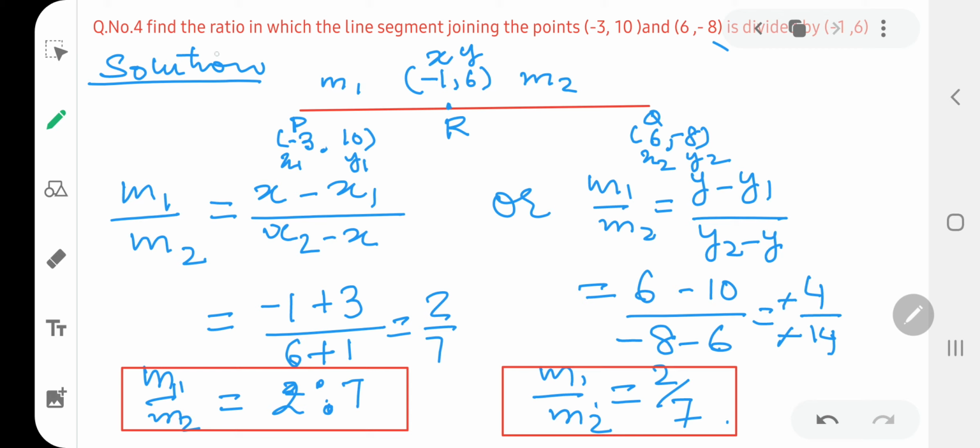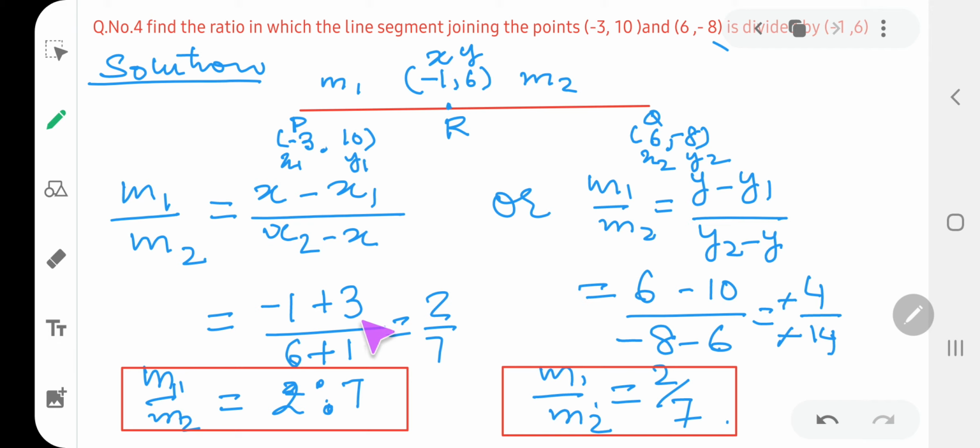Now start putting the value. So you will start from x and end with x. That means you will start with minus 1 and end with minus 1, but we have a negative sign in between also. The value is minus 1, but in the formula we have minus, so both minuses will make it plus. So minus 1 and 1, and now at this place we have to put x1. What is x1?